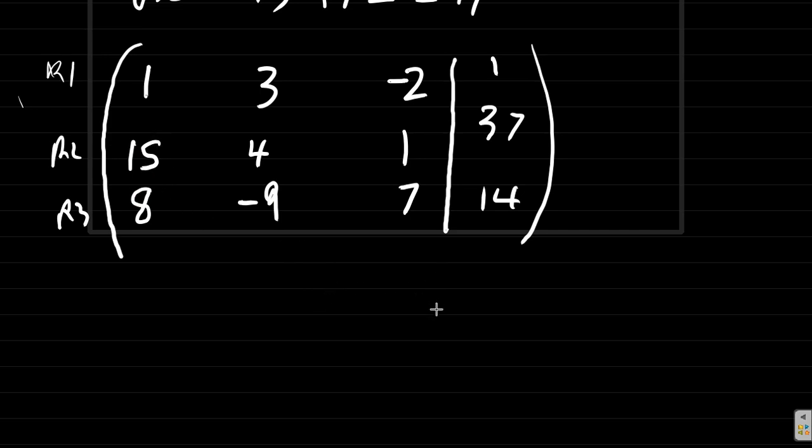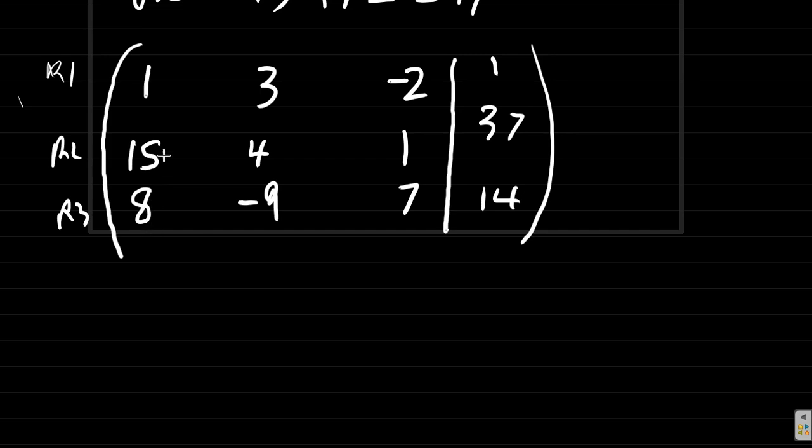What you're going to do is, let's say we have row 3. Let me see now. Divide row 3 by 8.